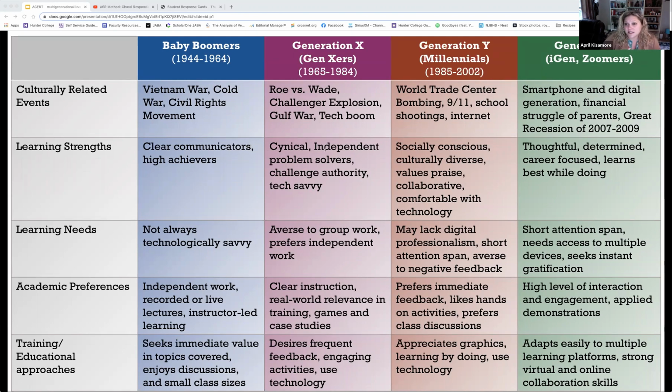And this history tends to vary greatly from millennials, for example, who were born between 1985 and 2002. These individuals are considered to be the most educated and technologically literate at this point. They tend to expect constant or instant gratification and quick responses from their teachers and colleagues.